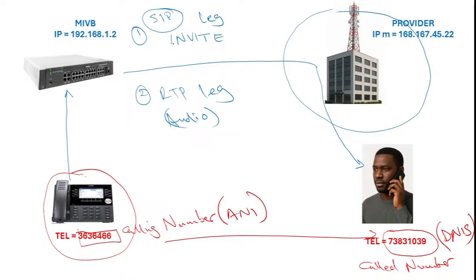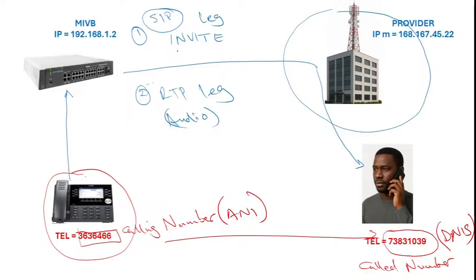So the SIP invite can be successful, and then when it's successful, the RTP leg can fail. When the RTP leg fails, this is when we are going to experience audio either one way or both ways. So let's look at this further.